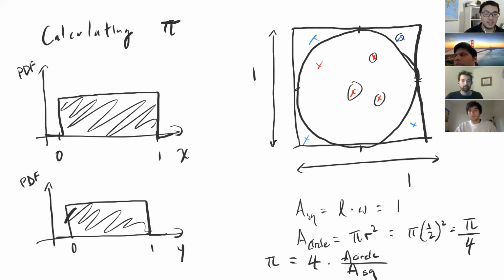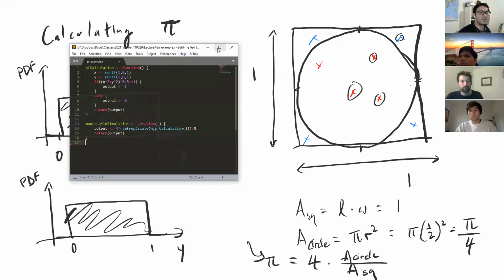And I can just use this simple equation here to calculate pi. So this is a famous example of that, and I'll quickly show this in code to show how this works.